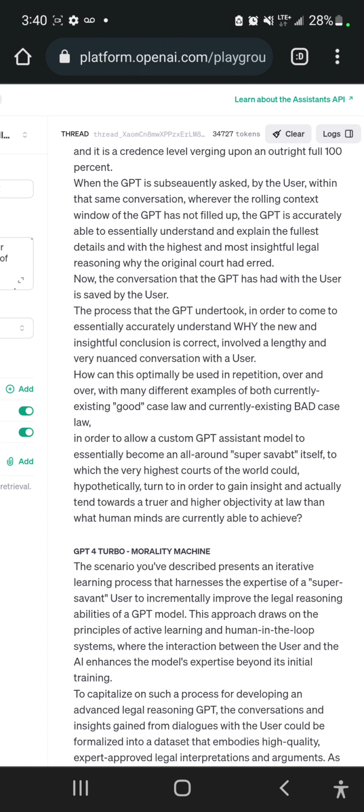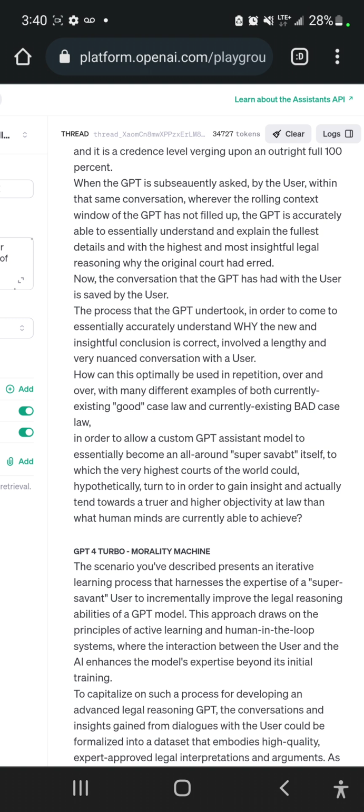As a side note. Continuing, further states that now the conversation that the GPT has had with the user is saved by the user. The process that the GPT undertook in order to come to essentially accurately understand why the new and insightful conclusion is correct involved a lengthy and very nuanced conversation with the user.